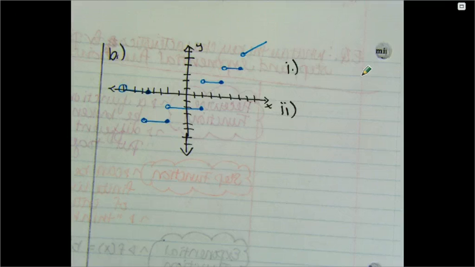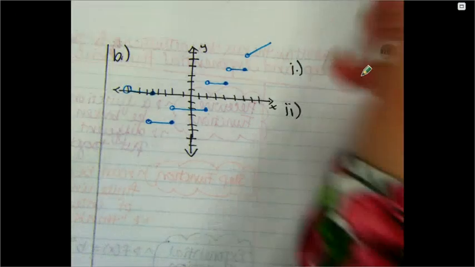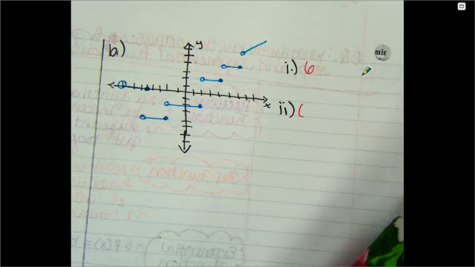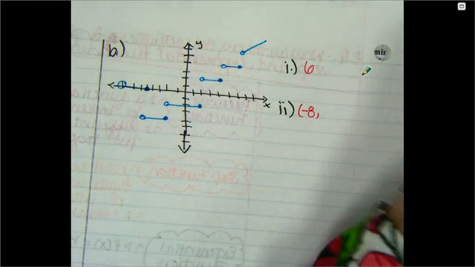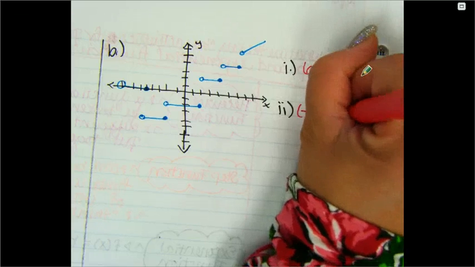How many pieces? 6. What are your intervals? There are 6. So parenthesis, positive or negative? -8, 2. -5.